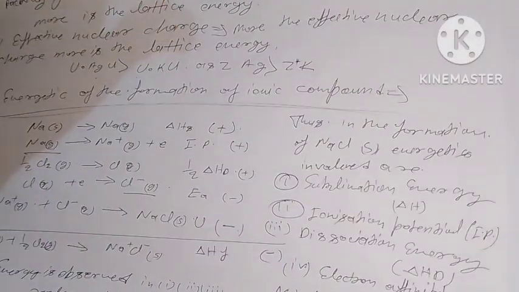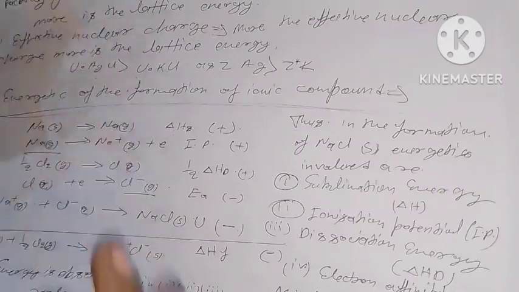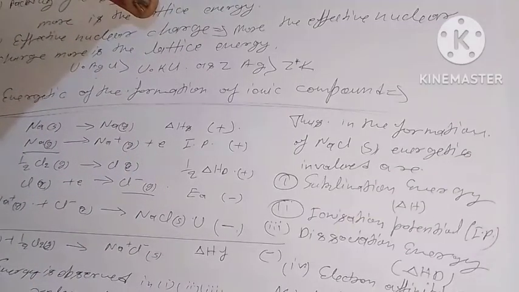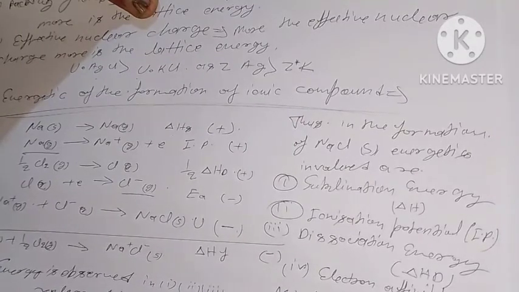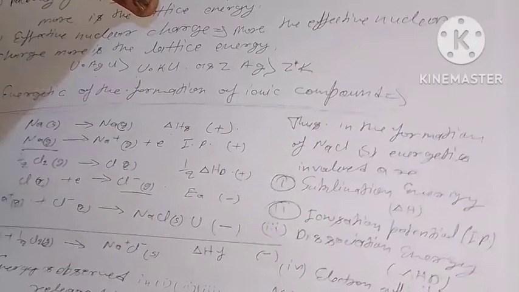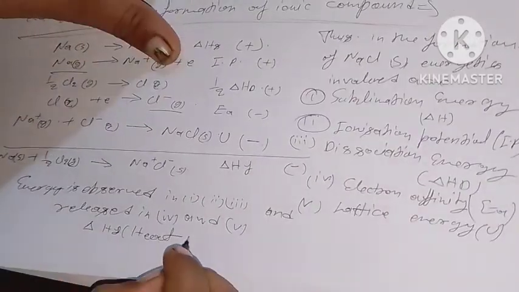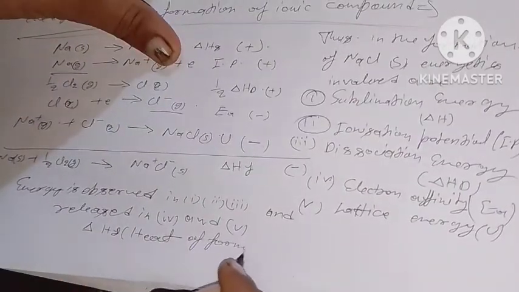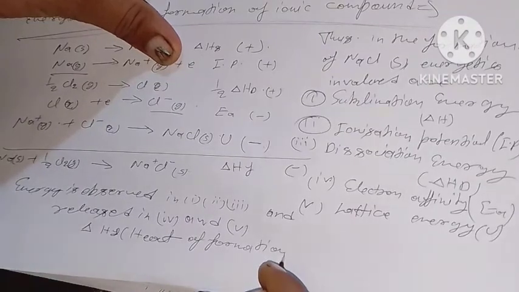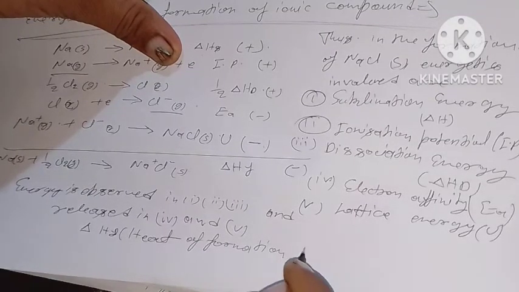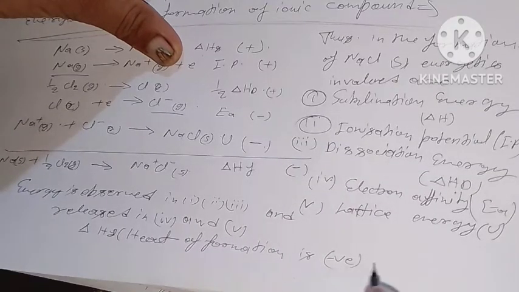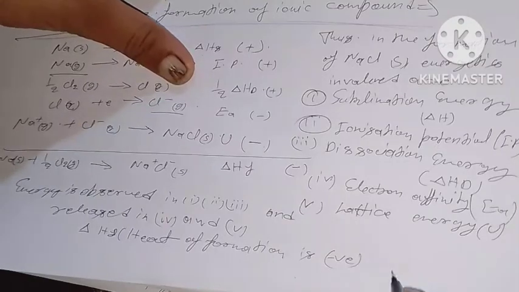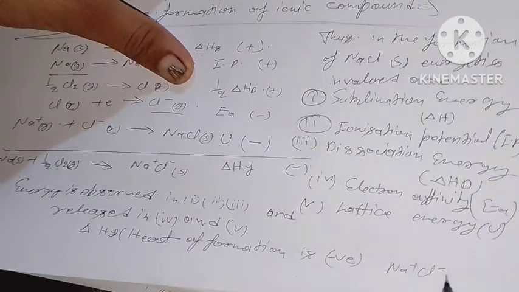The energy released compensates more than the energy absorbed, and as a result delta HF, the heat of formation, is negative, and sodium chloride is formed.